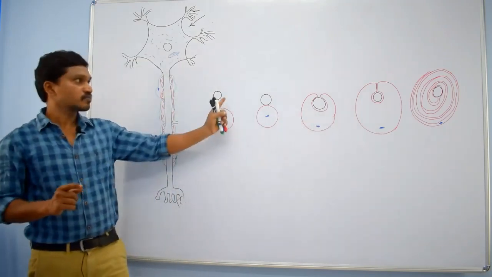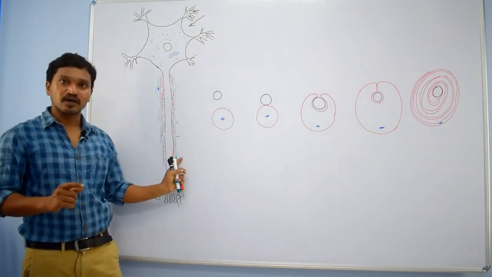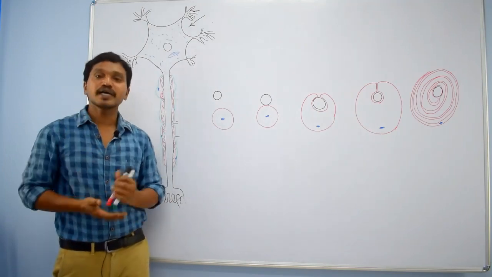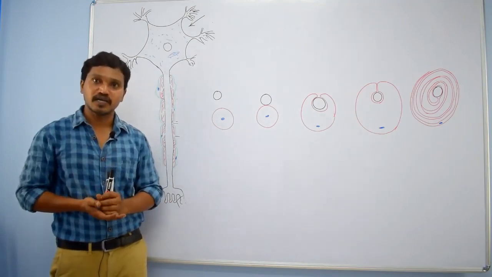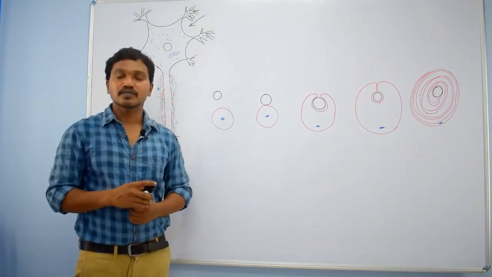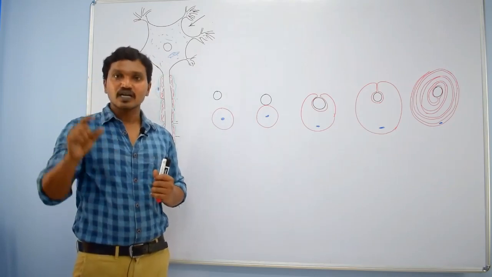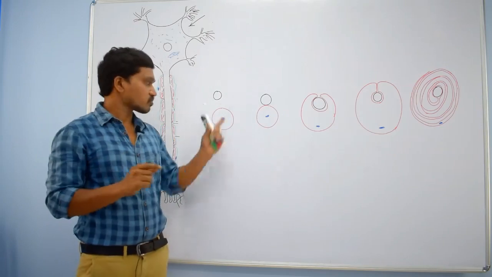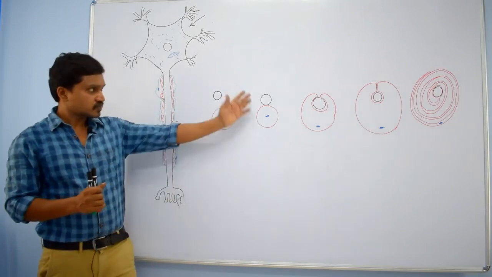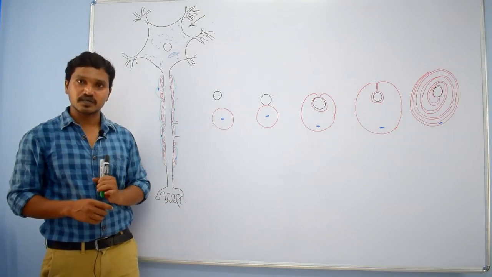So like this, myelin sheath will form around the axon. Now this axon, what we call myelinated nerve fiber. Actually, all white matter is made up of nerve fibers because these are surrounded by myelin sheath. That's why they are white in appearance. Clear? So this is about myelin sheath formation in the peripheral nervous system.